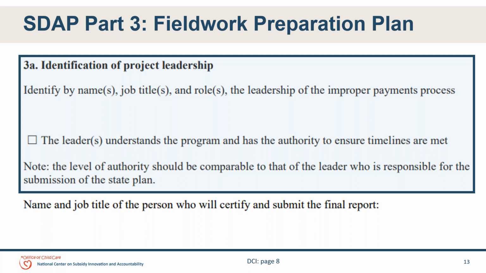To be clear, this is only asking for those whom you consider to be part of the project leadership, and we don't need a list of everyone that's going to be involved with the review. Share what their roles will be in the process, and then click on the box to show that you agree with the statement that the leaders understand the program and can ensure that timelines are met.